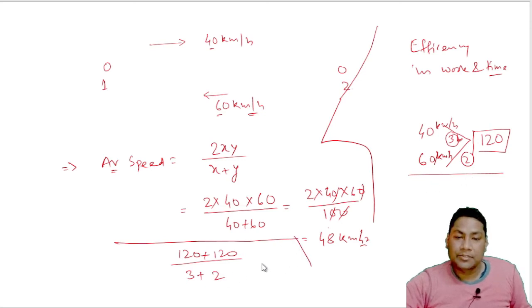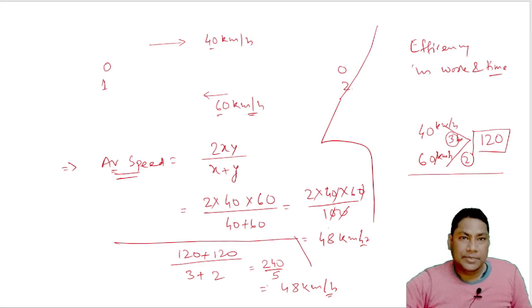If we solve, it will become 240 divided by 5, which is also 48 km per hour. So friends, there are two methods to take out the average speed.